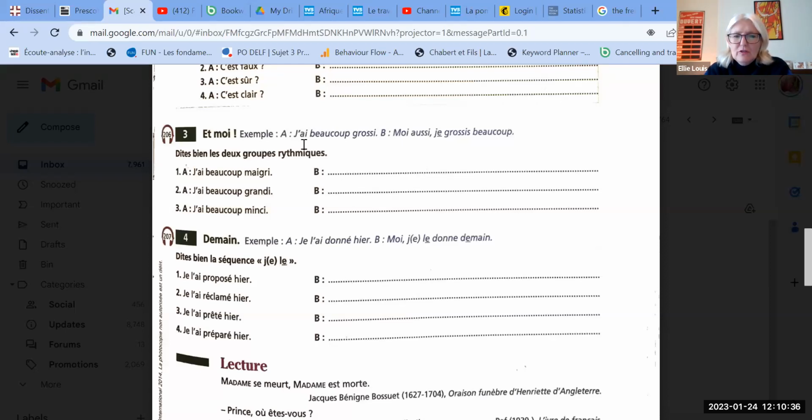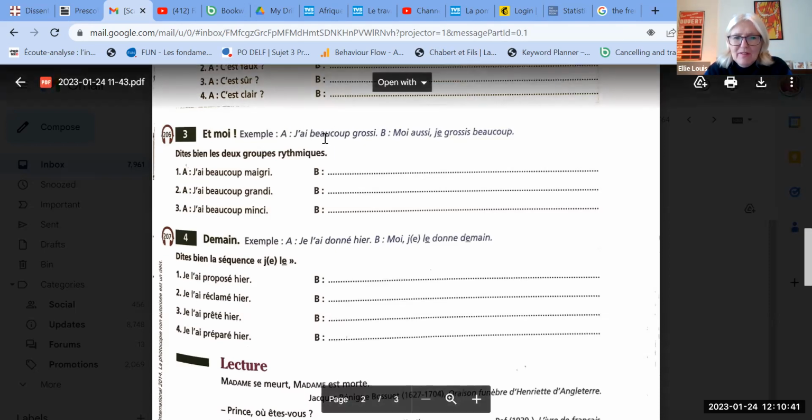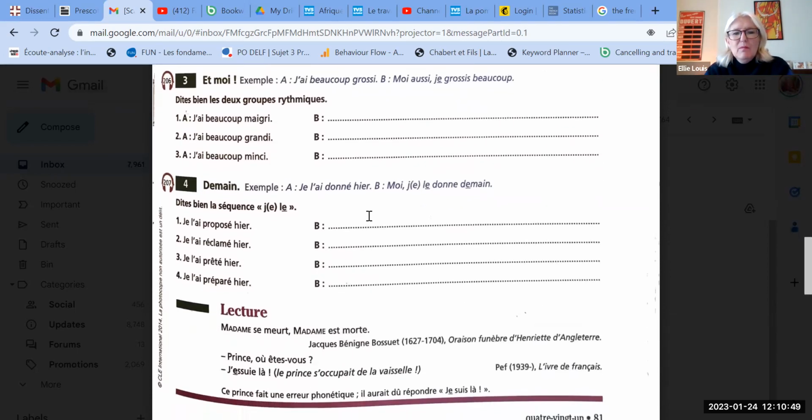So we've got the j'ai, the je. And then did everybody have a go at saying beaucoup, beaucoup? To practice that. Now this next exercise brings a little bit more in, and I think this is a really good thing to pay attention to, really focus on, because we've got pronouns in here. So that changes the sounds.